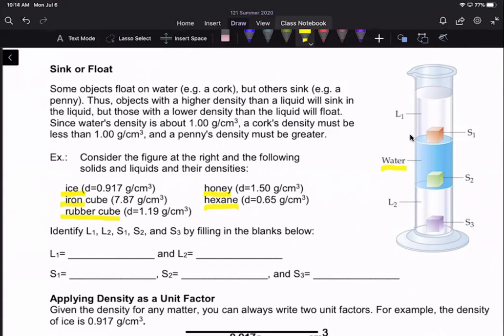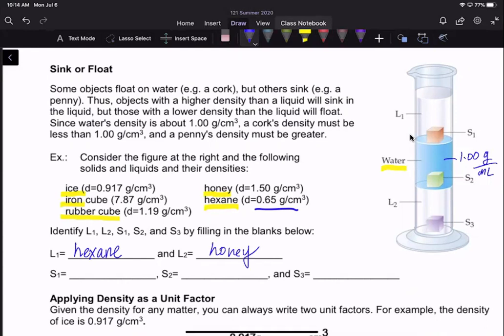So we know that the water has a density of 1.00 grams per milliliter. So what's the liquid that floats on water? That will be the hexane with the smaller density. And that means that the honey with a higher density will be down below.